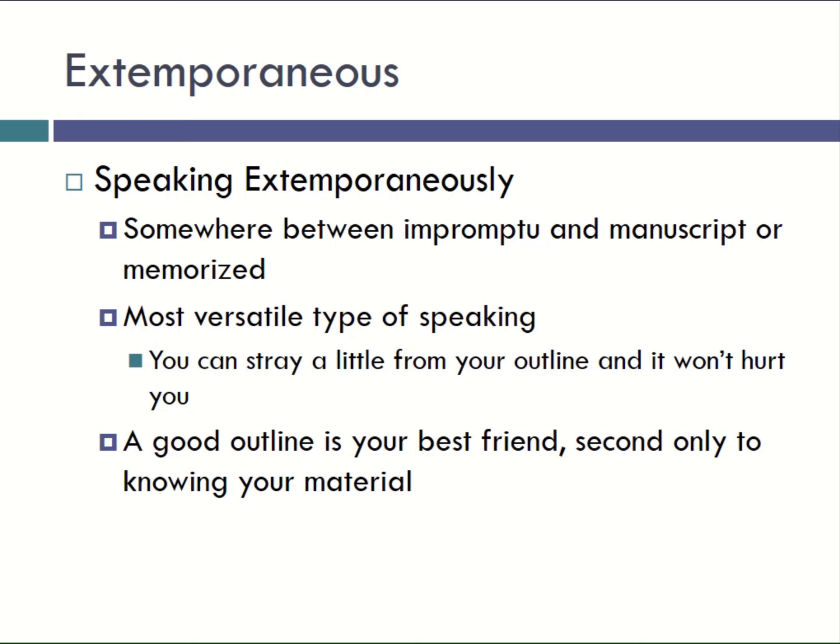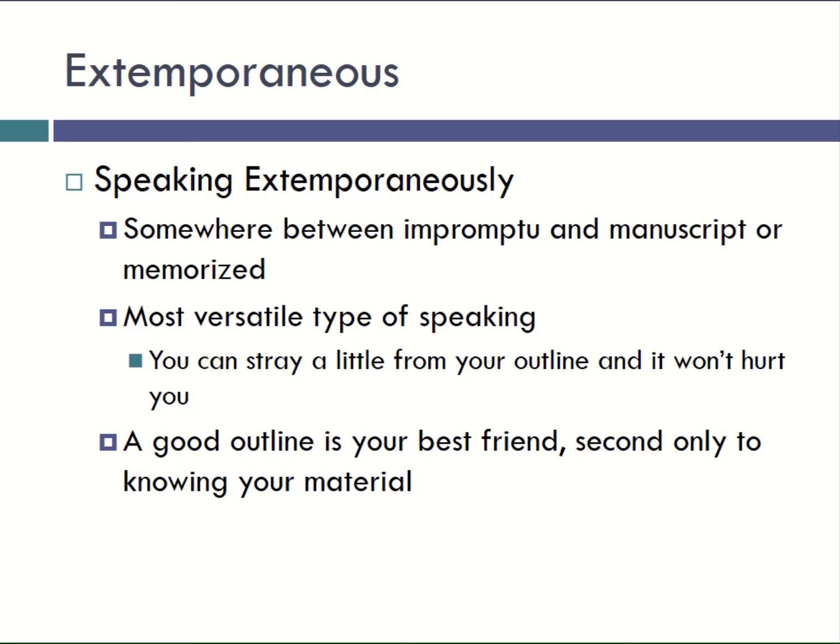But then you have the benefit of having things written down, sources, research, all of that you don't have the benefit of whenever you're doing impromptu speaking. With extemporaneous speaking, a good outline is your best friend. And this is second only to knowing your material. The idea of an extemporaneous outline is to keep you reined in.